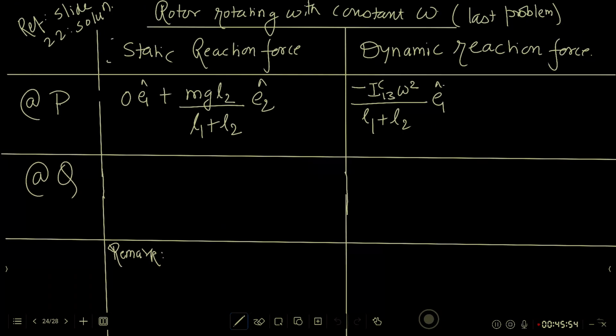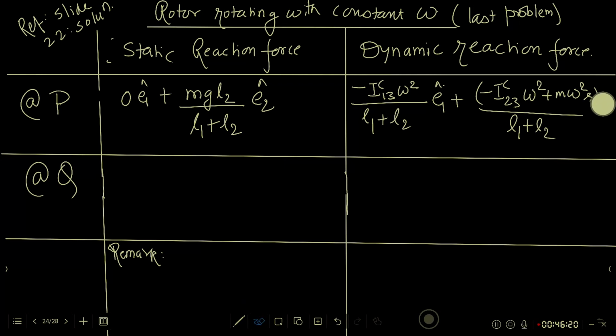C13 omega square L1 plus L2 E1 plus I C2,3 omega square plus m omega square or L2 L1 plus L2 E2.